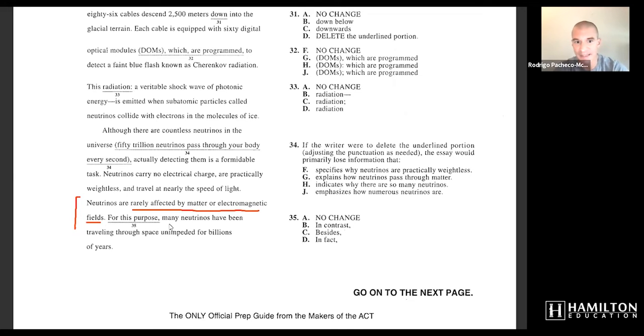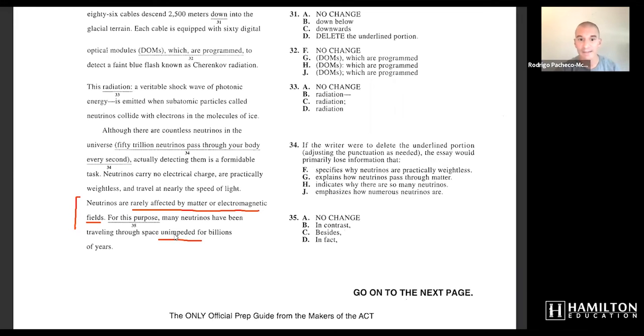The next sentence tells us that many neutrinos have been traveling through space unimpeded, we might say unaffected, they haven't run into anything, for billions of years. So what is the relationship between these two sentences? They are basically telling us the same thing, right? The second sentence is emphasizing the claim made by the first, that neutrinos are rarely affected by matter.